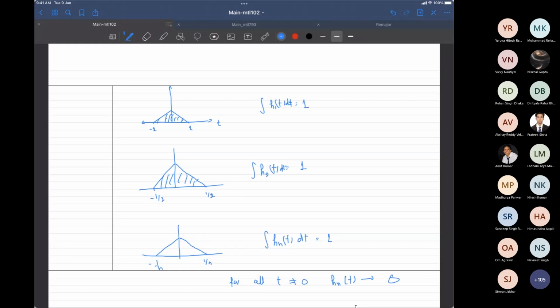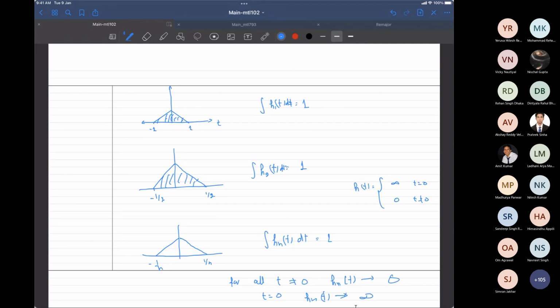Okay. And note that if you look at the value t equal to 0, h_n(t) is going to infinity. So h(t) is a function which basically is infinity at t equal to 0 and 0 at t not equal to 0. Okay, so this is the famous Dirac delta function that I am constructing.